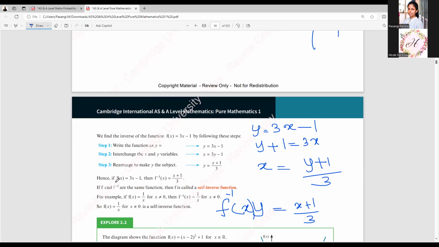Then for the function fx, we have 3x minus 1, and the inverse function x plus 1 over 3.